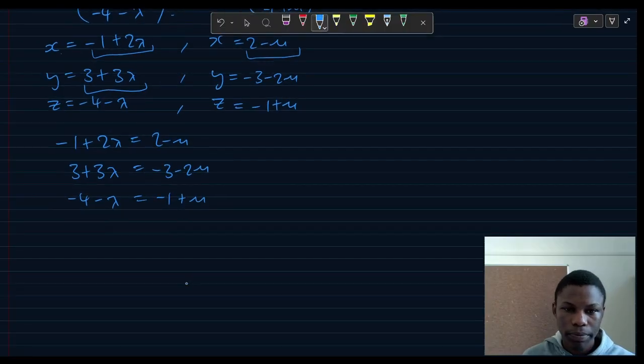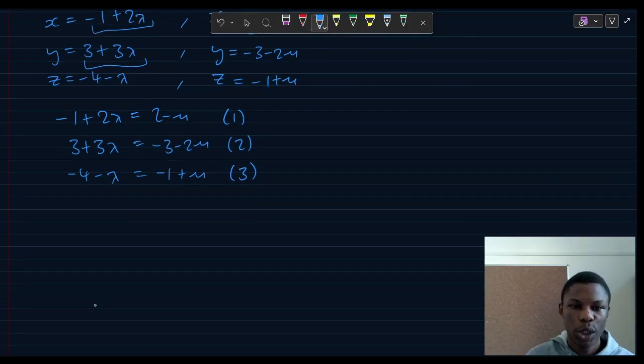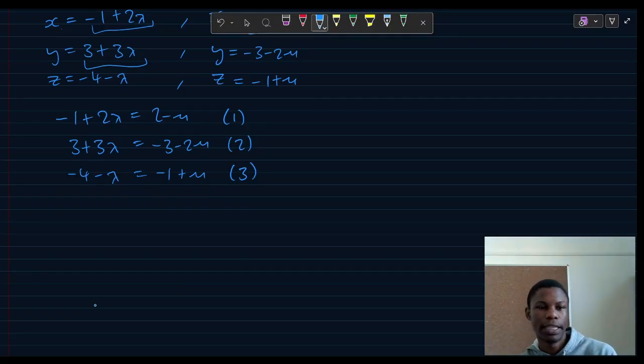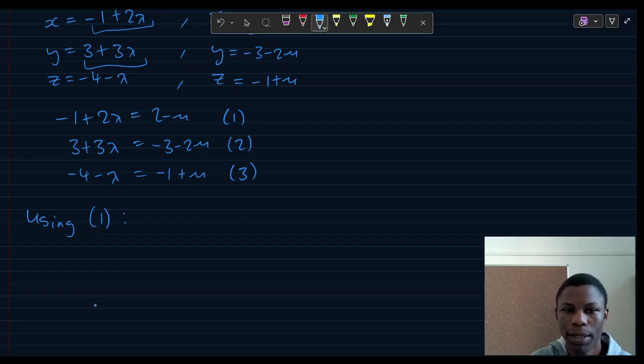So just label this equation 1, equation 2, equation 3. I'm going to use, just so that it flows nicely, let's use equation 1. And what we want to do with equation 1 is we want to make mu subject of the formula. Right?